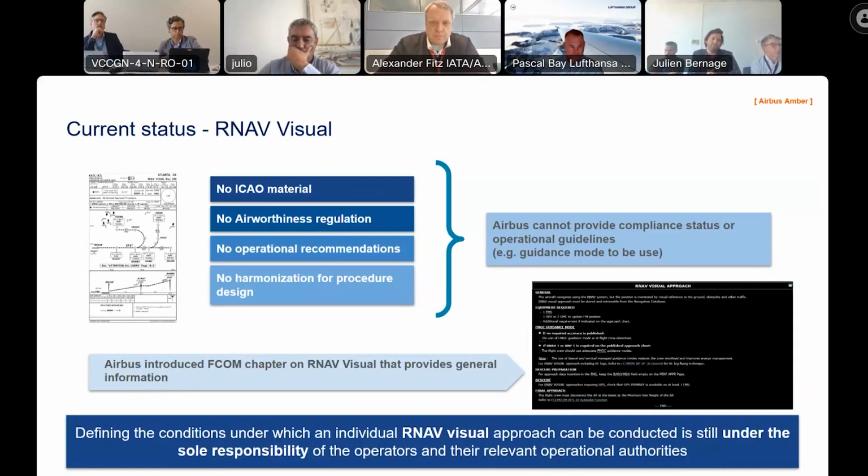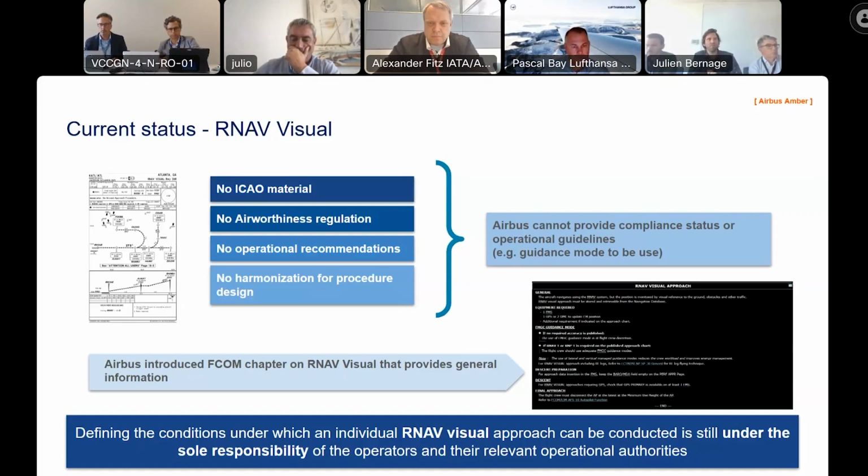And the real issue with AirNav visual is that there is no real ICAO material, no airworthiness regulation, no specific recommendation, and what is more important, no harmonization for the procedure design. In that way, at Airbus level, it's difficult to provide a compliance status and also to provide operational guidelines, mainly on the way to operate and the guidance mode to be used in this particular operation.